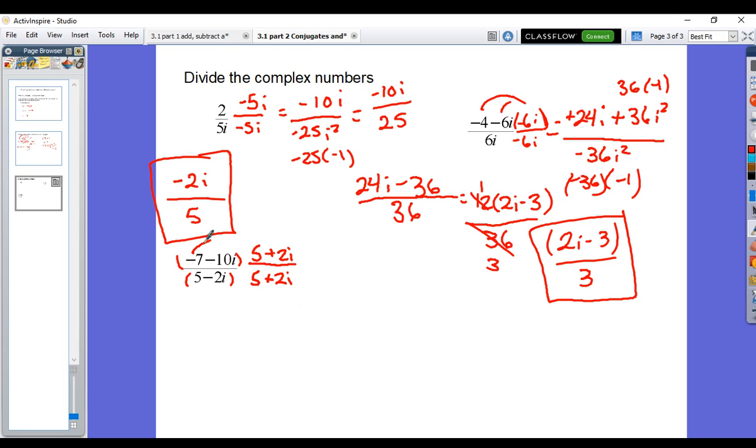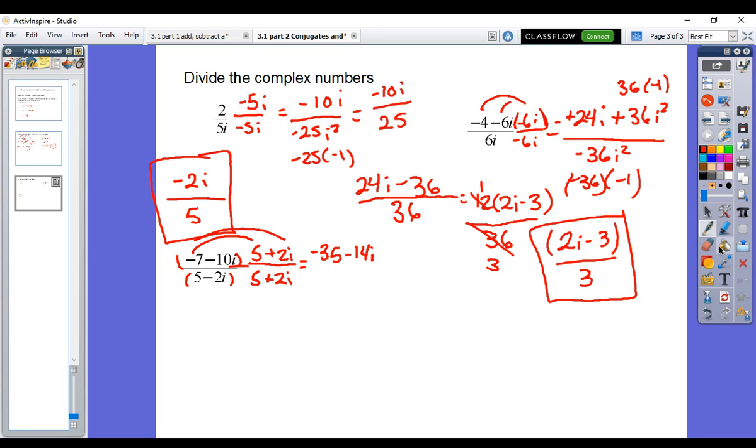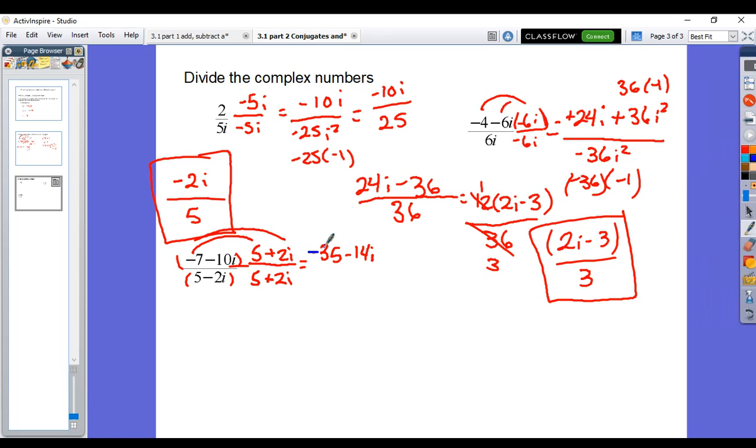All right, so that times that, that times that, that and that. So on the top, we're left with negative 35, which is negative 7 times 5. And negative 7 times 2i gives us a minus 14i. I'm going to switch colors so these don't run into each other. Negative 35 minus 14i. Good.